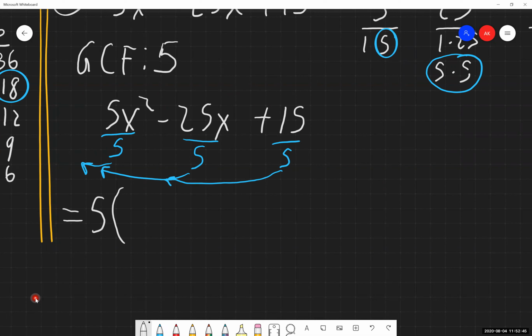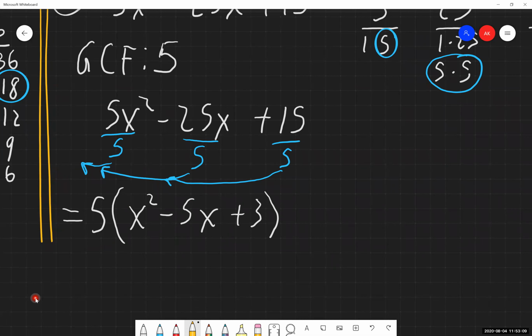So 5x squared divided by 5, I'm just going to be left with an x squared after that. 25x divided by 5 is going to give me 5x. And then 15 divided by 5 is going to give me a 3 left over. But again, if we're going to use this method, make sure you have this guy written out front.